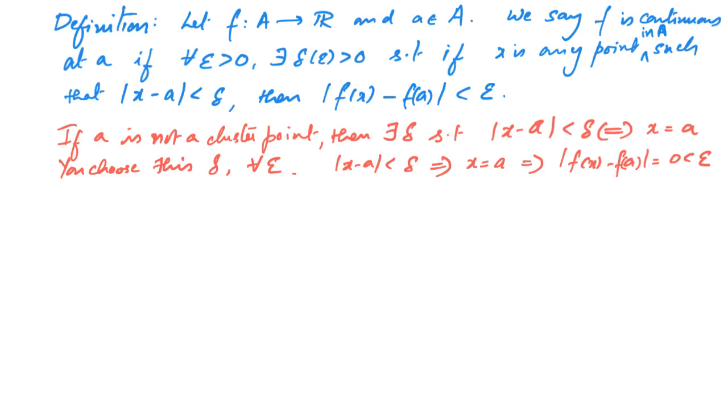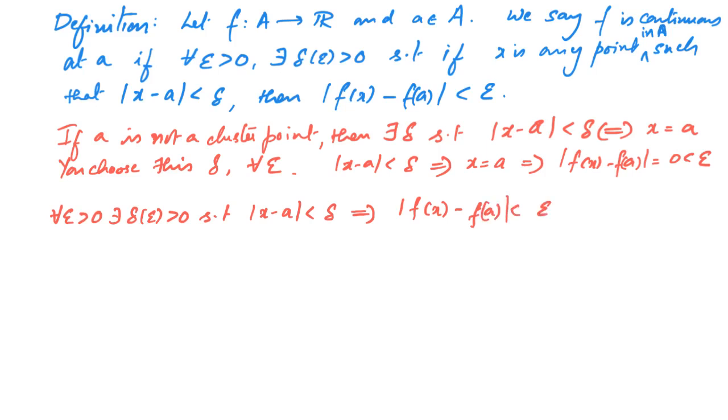What about at a cluster point? So at a cluster point, what we have is the following. We have that for every epsilon greater than 0, there exists a delta that depends on epsilon that is greater than 0, such that mod of x minus a is less than delta implies that mod of f of x minus f of a is less than epsilon.